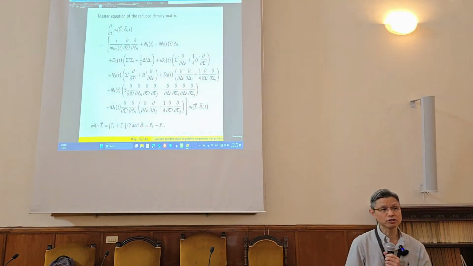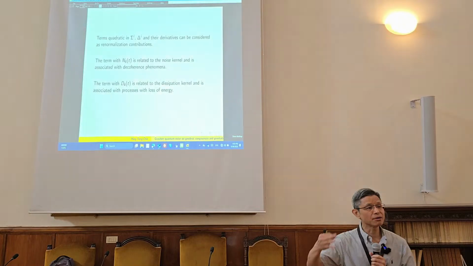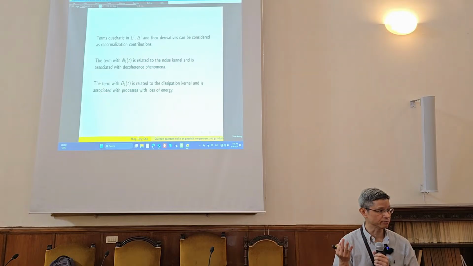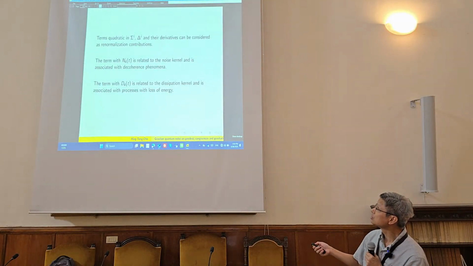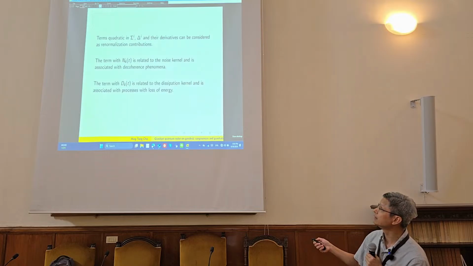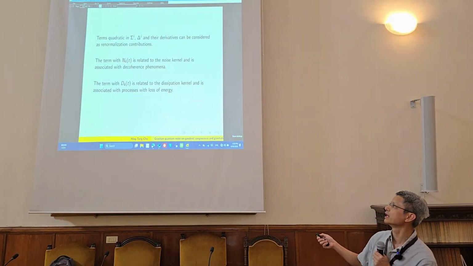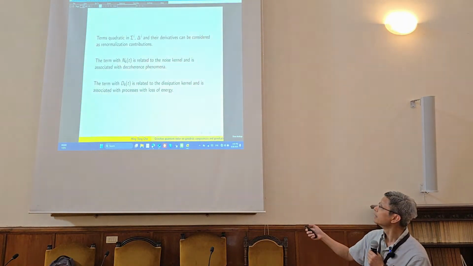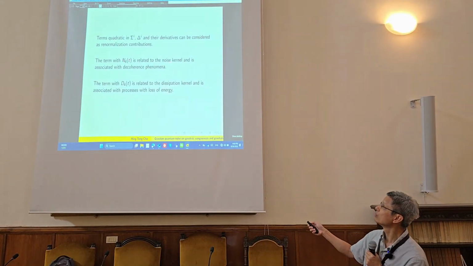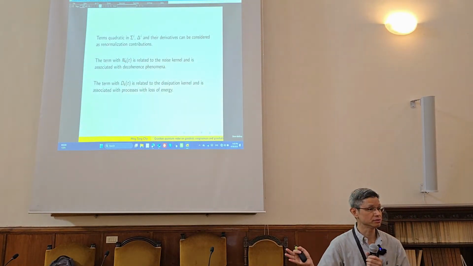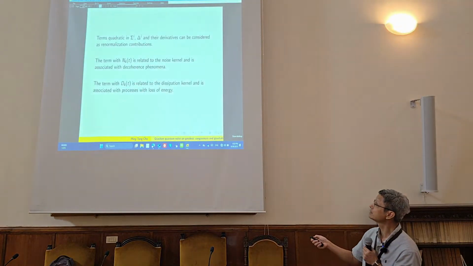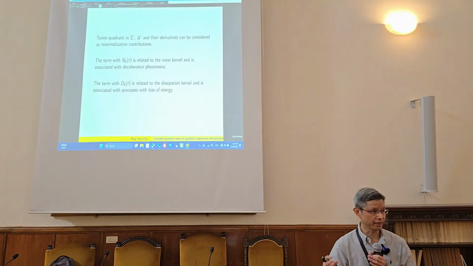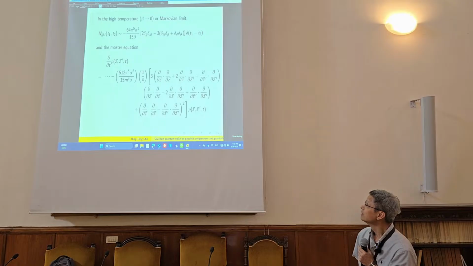The quadratic term can basically be considered as some kind of renormalization. So we would concentrate on the quadratic term, which would be the terms related to N4 and D4. The N4 term, the noise term, would be related to decoherence, and the dissipation term is related to processes which have loss of energy, because it's a dissipation term.